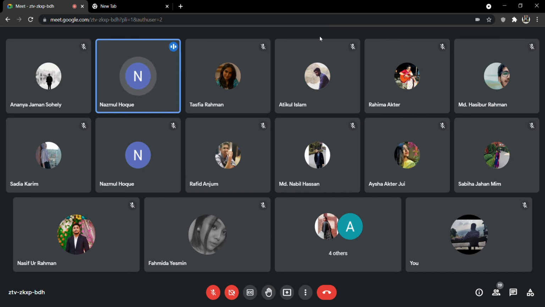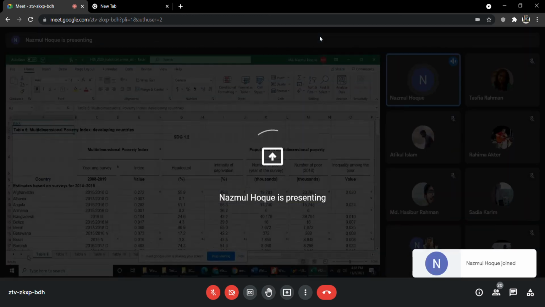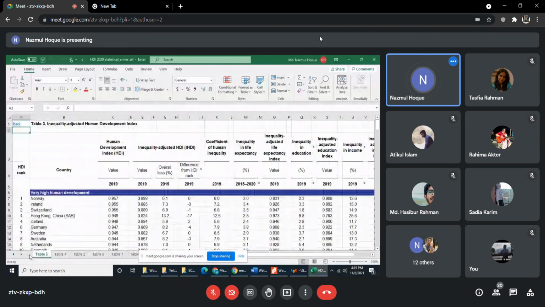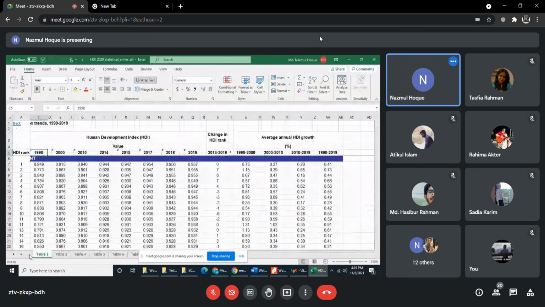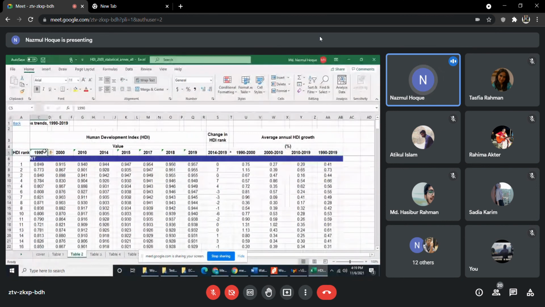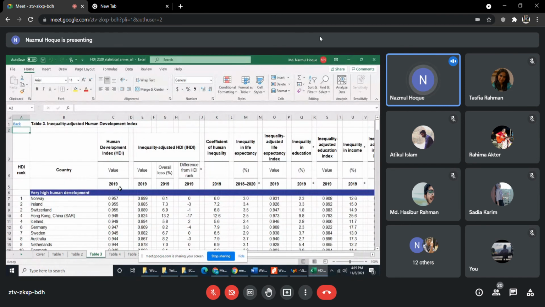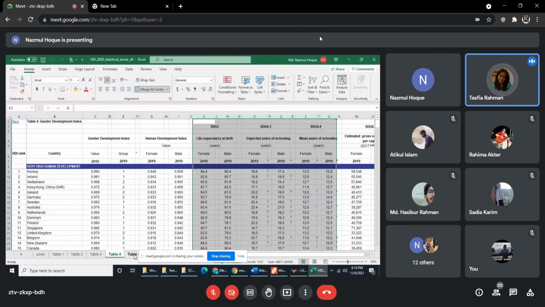I was talking about the file that I downloaded. So here is the file. This Excel folder has a lot of information. One of the files has kind of time series data, right? There are some other files as well with individual data. Yes, sir, this table was not visible at that time.